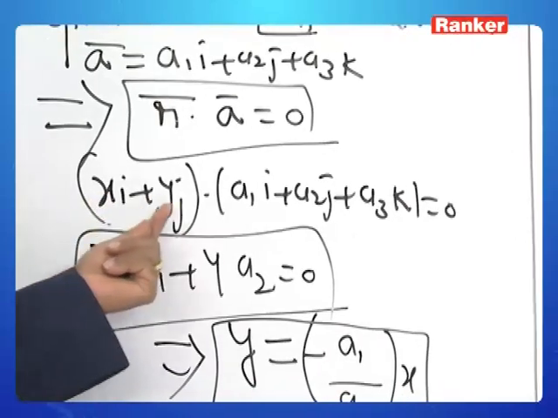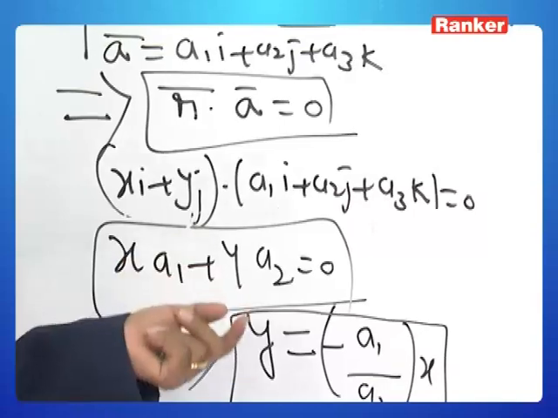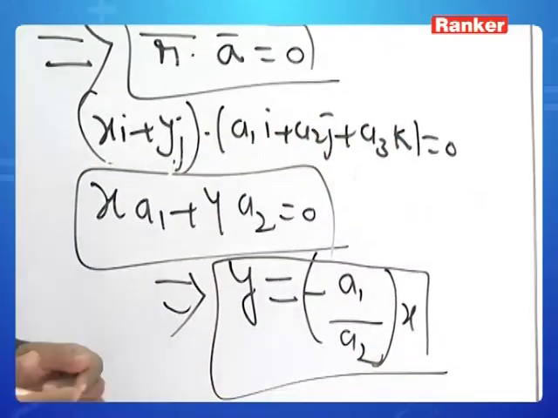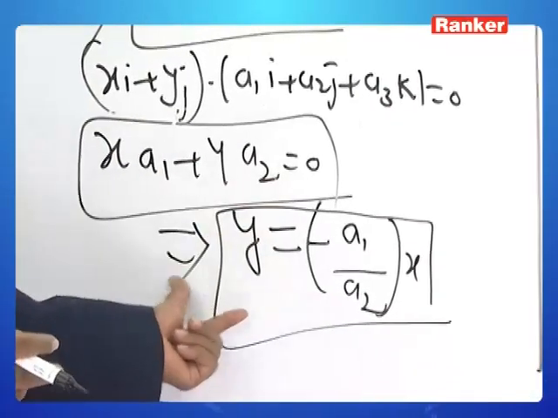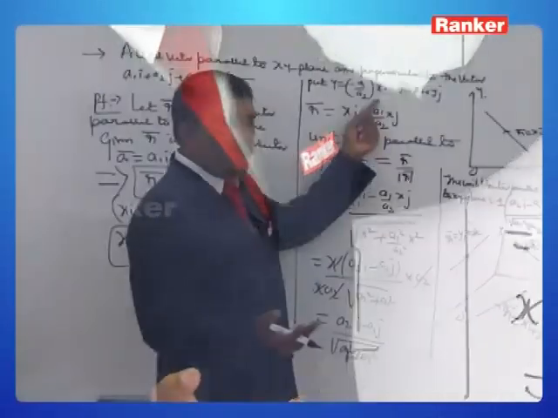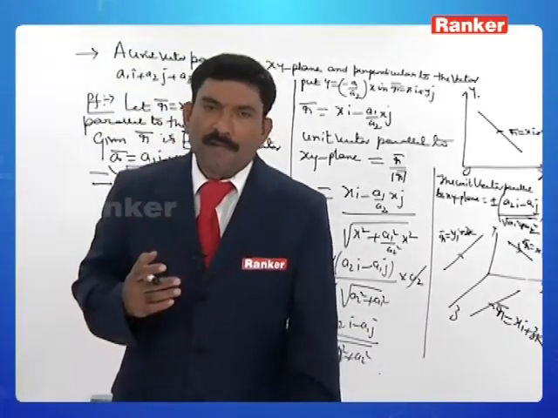Instead of xi plus yj, you have to write yj plus zk. Now dot product is equal to 0. Therefore, instead of x into a1, y into a2, you'll get y into a2 plus z into a3. Take that y and z, substitute in r bar, and find out a unit vector.